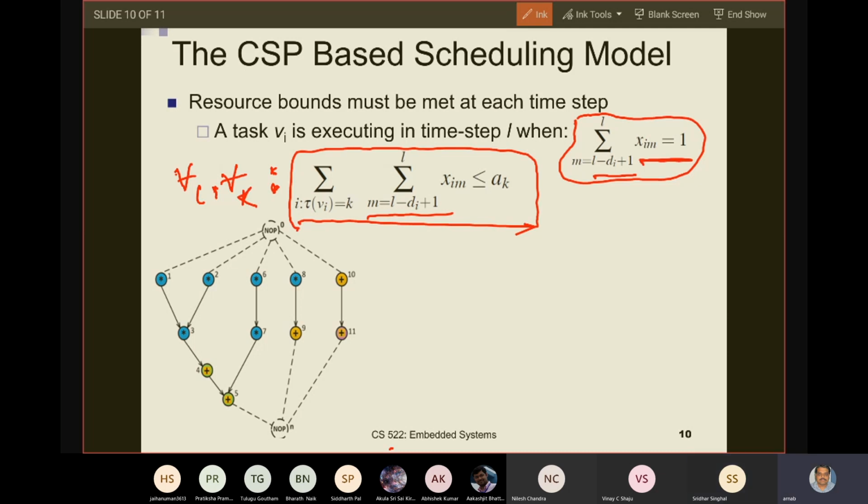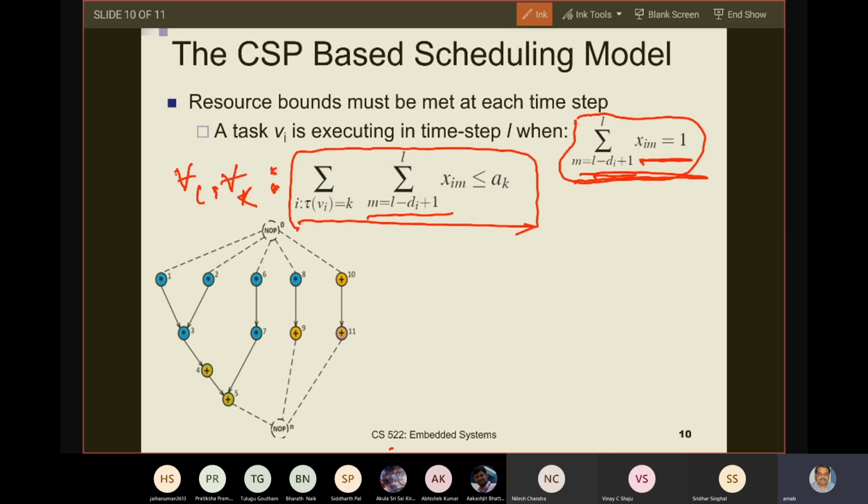So then you have understood a very important part of this constraint. The summation over m equals L minus Di plus 1 to L of xim equals 1 if task Ti has started and is executing at the current time step.